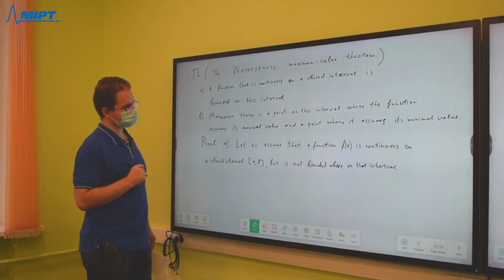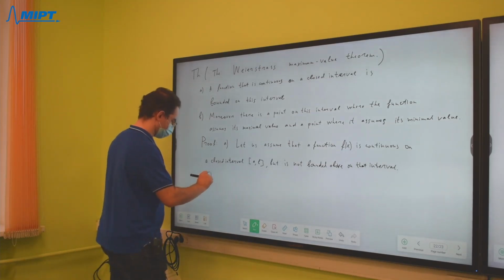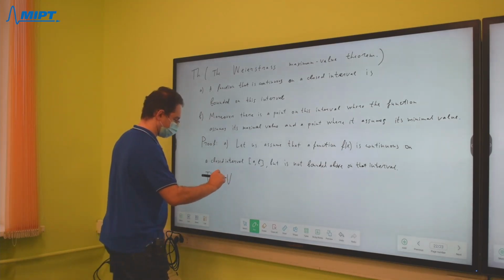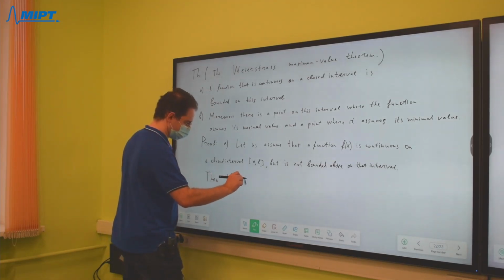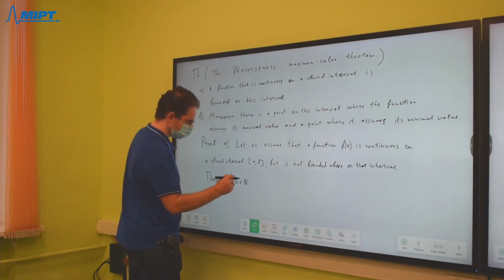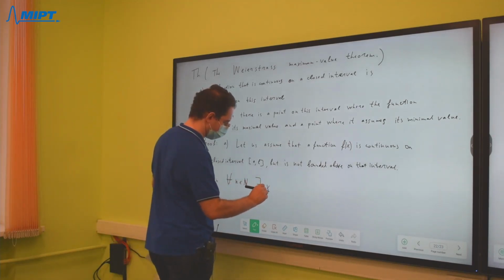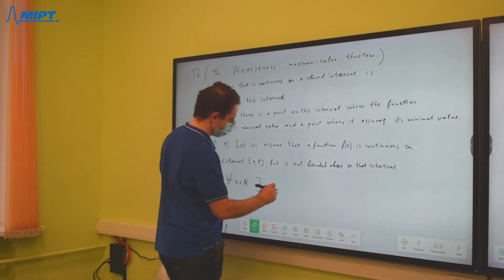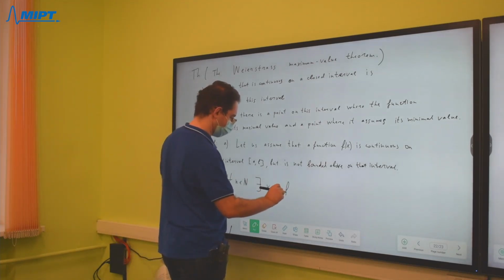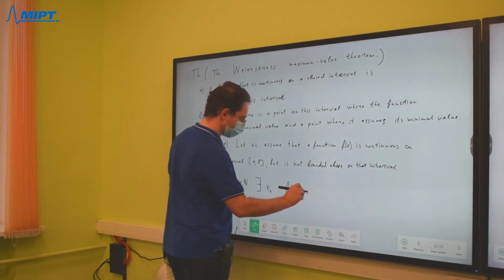Since this function is not bounded above, then for any natural number n, there exists a point, I will call it x_n, depending on n, such that f of x_n is greater than n.